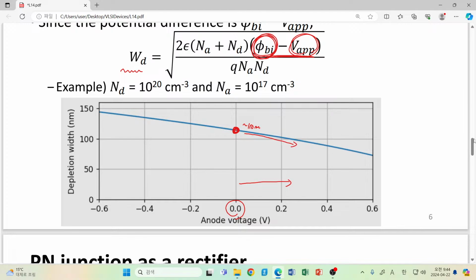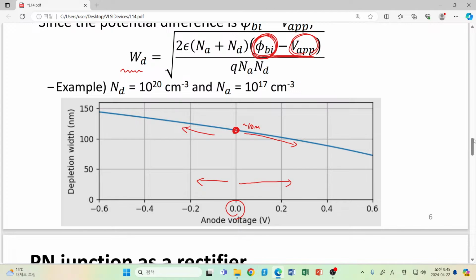On the other hand, if we go to a negative value of anode voltage, we have an even higher potential difference. So in order to supply that high potential difference, we need more charge. Then how can you generate more charge? The only way is to expand the width of our depletion layer. So that's the reason why we have an even higher value for depletion width.